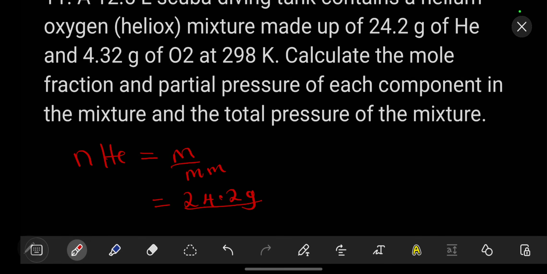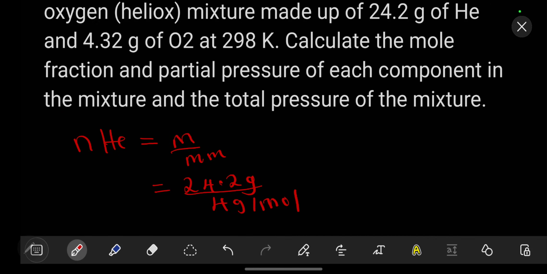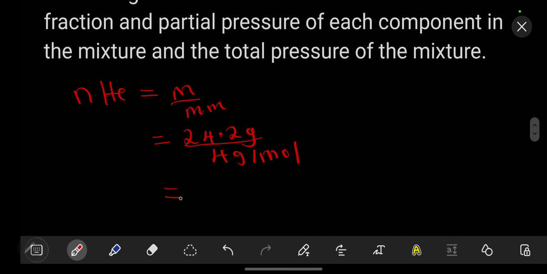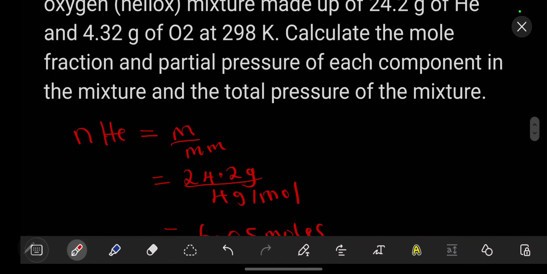What is our molar mass for helium? It is 4 grams per mole. When we divide this, we get a value of 6.05 moles. So we have found the number of moles of helium.